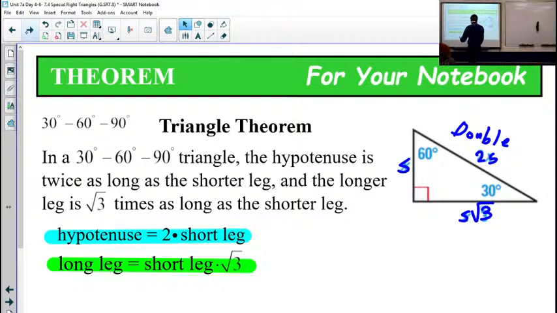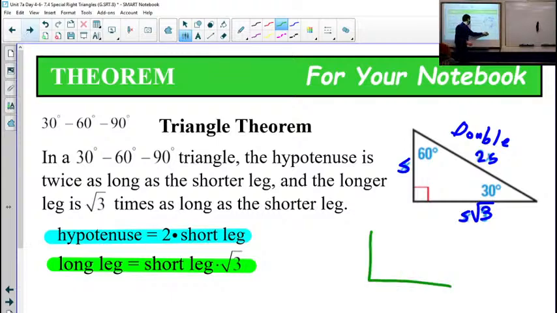All right, so again, we'll start with a basic example here. Here's 60, here's 30. So for example, if I know this is 2, then if it's a quick and easy problem, remember this is my short leg. And so the hypotenuse is double it.